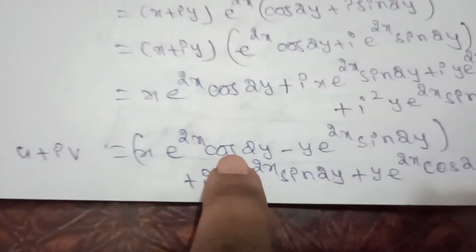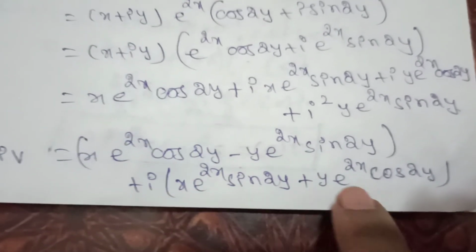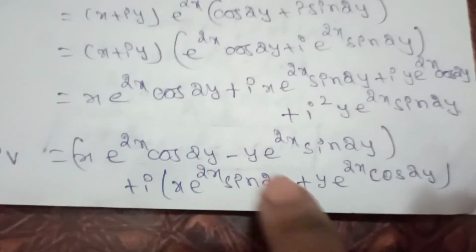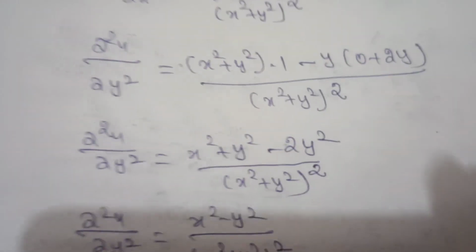Next, separate the real and imaginary parts: add the terms of the real part and add the terms of the imaginary part, and then find the v value. To find the v value we need the imaginary part.